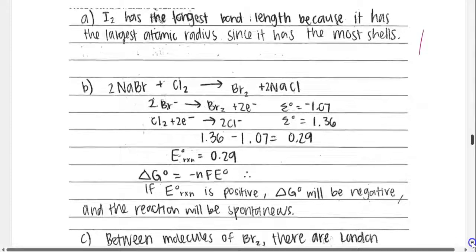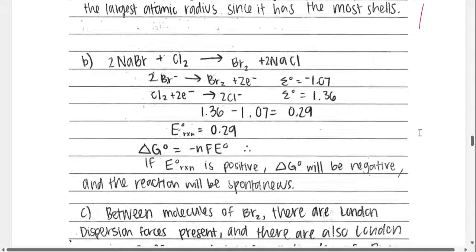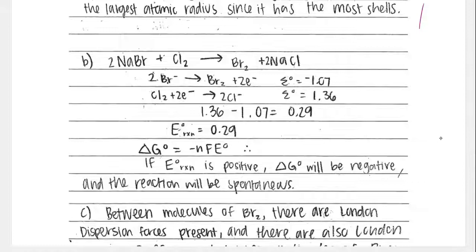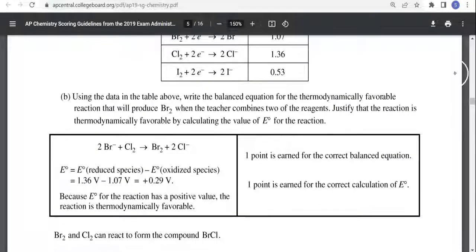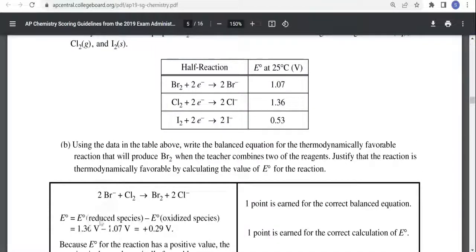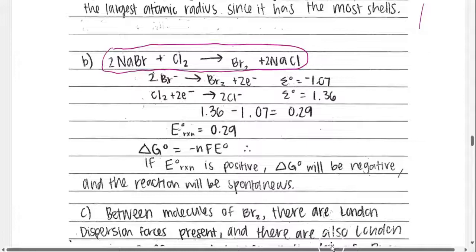Alright, so the next part. Okay, so this is the equation they're writing. Which differs slightly from this equation, but if you look closely, the only place it differs is the inclusion of these Na ions.